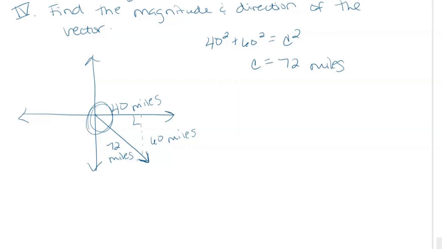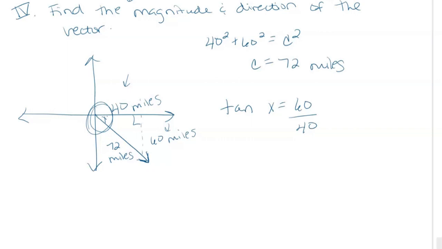Now we have all three sides, so we can use any of the trigonometric inverses if you'd like. I'm just going to grab, since they gave me 40 and 60, which is my opposite and adjacent, the tangent. And I'm going to say the tangent of x, we'll call this angle x, is the opposite, which is 60, over the adjacent, which is 40.